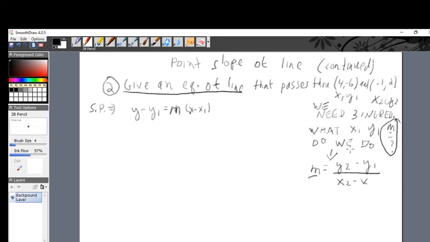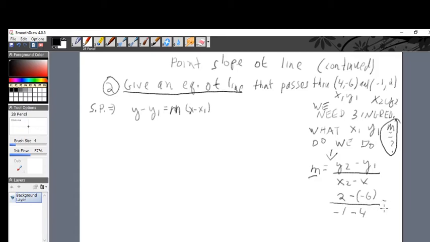So y2 is 2, minus is part of the formula, y1 is -6. Underline that. x2 is -1, minus is part of the formula, and x1 is 4.